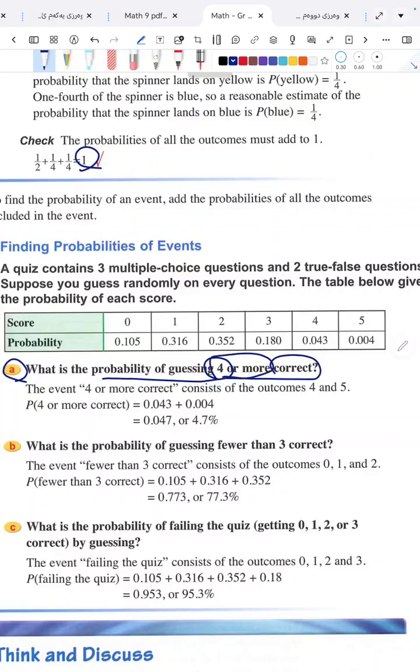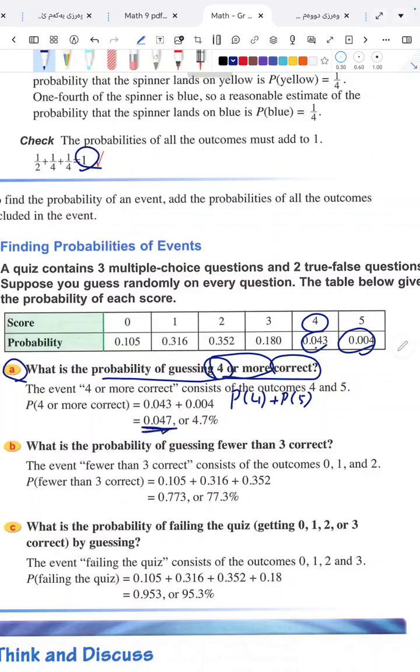4 or more. So we will count 4 and more than 4. We will say probability of 4 plus probability of 5, because the question says 4 or more. So 0.043 plus 0.004, which equals, when you add them, 0.047.